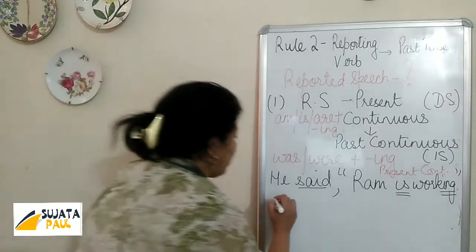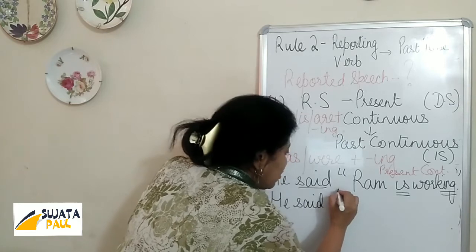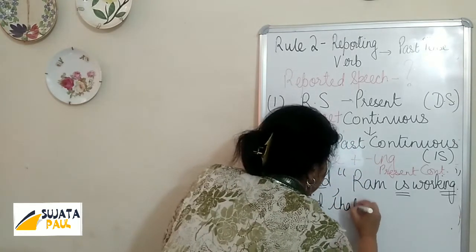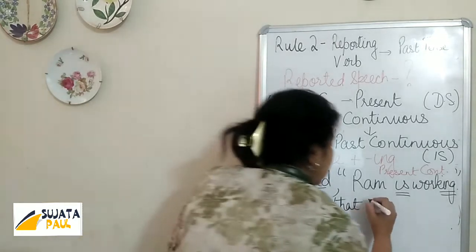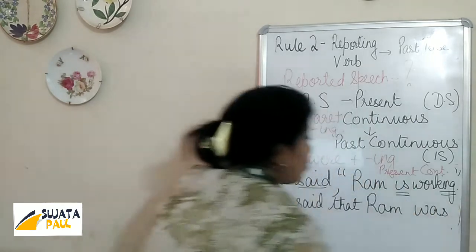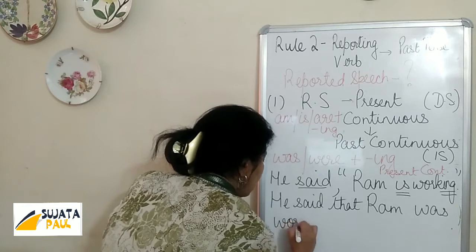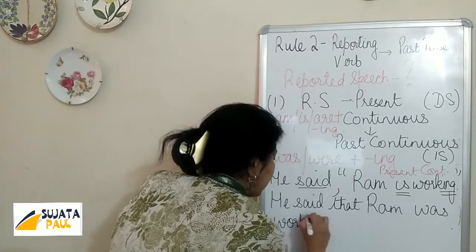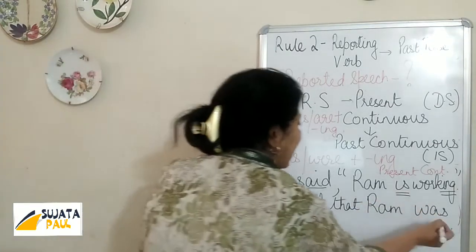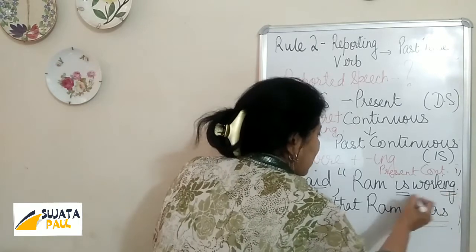So this will become, he said, comma, inverted comma will go. It will be that here. He said that Ram was working. Now in both these cases you find that the is has changed into was and the ing form has not changed.